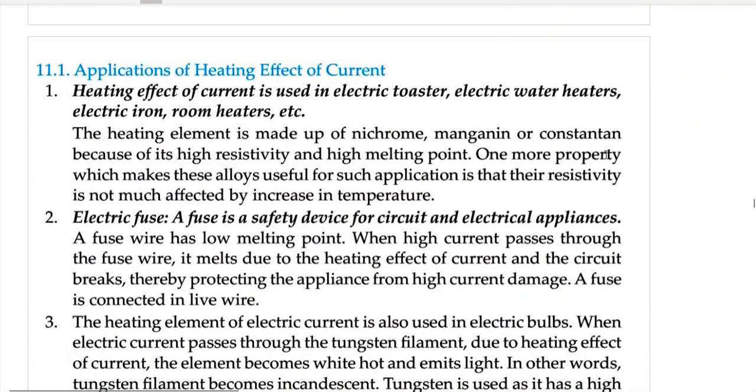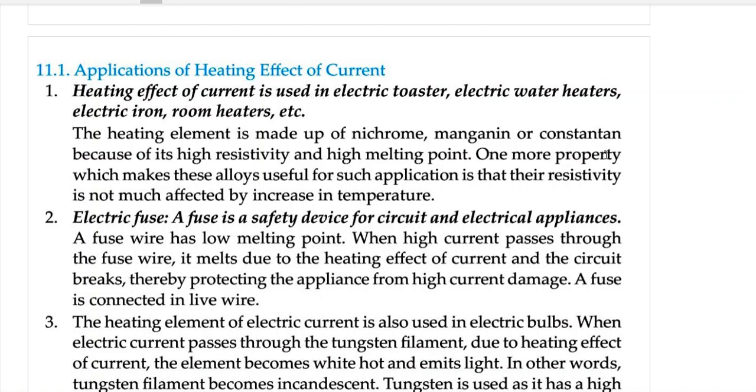Let's go ahead. There are some applications of heating effect of current. Heating effect of current is used in electric toaster, electric water heaters, electric iron, room heaters. So these devices deliberately want to generate heat, because heat is also a form of energy and is a very useful form of energy.